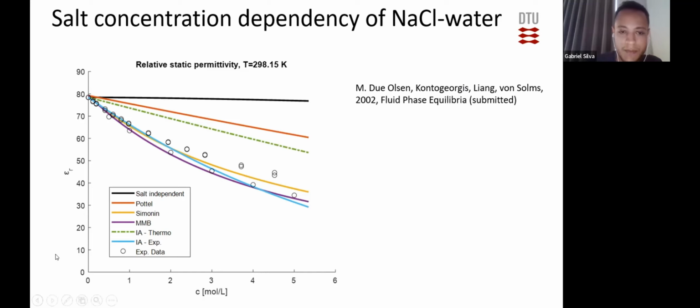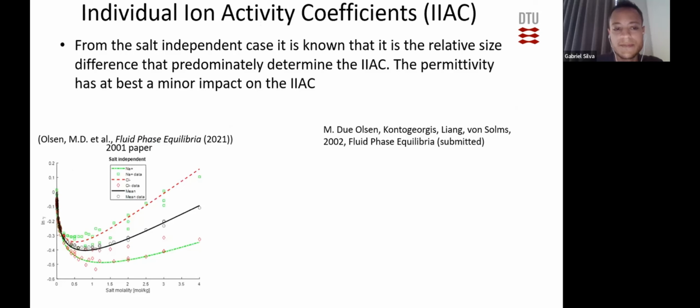One of them is the Michelsen-Mollerup model, which is more theoretical when compared to other models which are only experimental. And when we change the relative static permittivity model, we are also allowed to change the trends of the individual ionic activity coefficients. So not only can you capture these different trends by changing the size of the ions, but also by changing the relative permittivity model you are using.